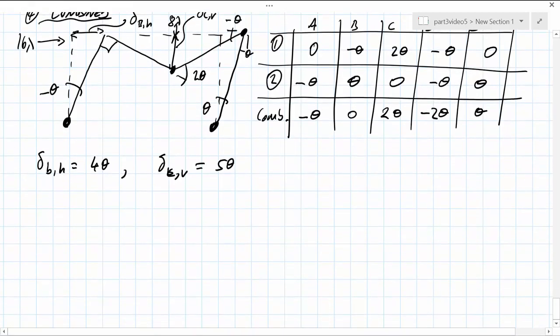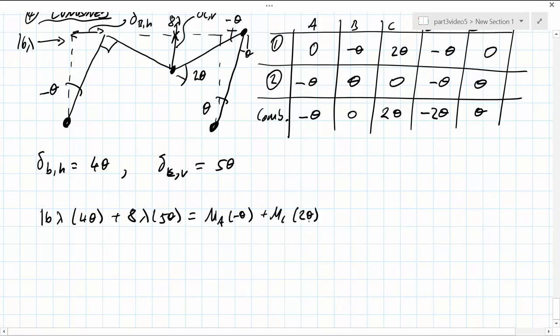Evaluating the virtual work equation, we find we have the external work being 16 lambda times 4 theta for the horizontal part, plus 8 lambda times 5 theta for the vertical part, and that's equated to MA times minus theta plus MC times 2 theta plus MD times minus 2 theta plus ME times theta.